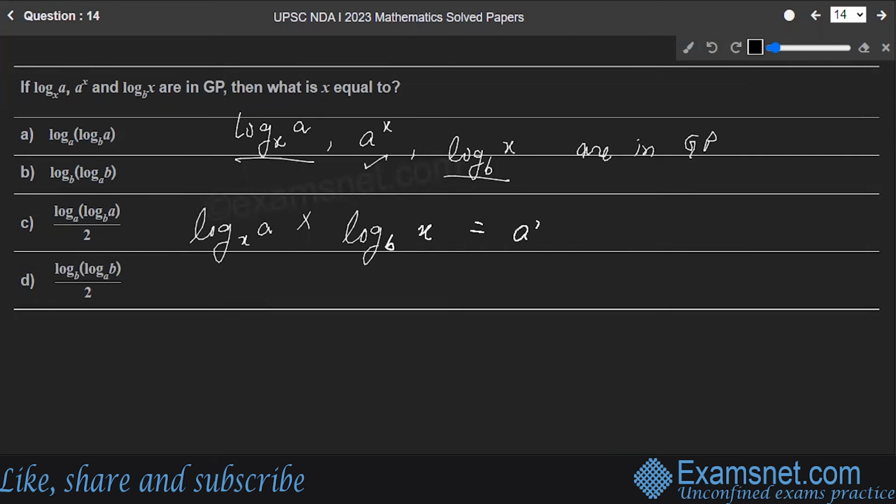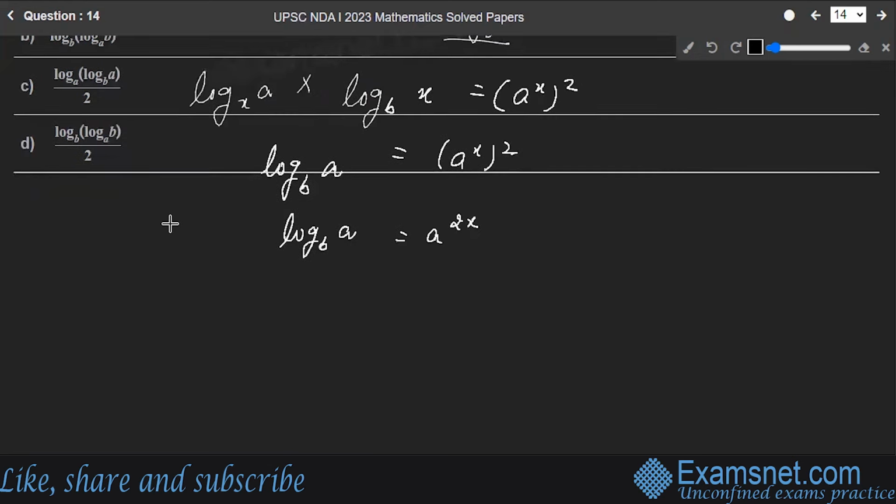x is equal to (a raised to power x) whole squared. So these two logs, they are in multiplication. This will be equivalent to log b a is equal to (a raised to power x) whole squared. So log b a is equal to a raised to power 2x, right? Now taking log on both sides.